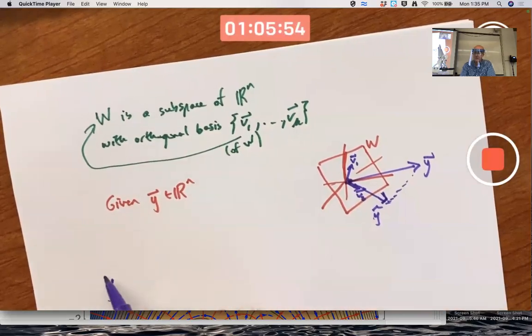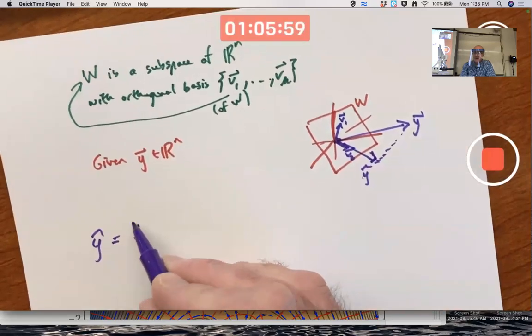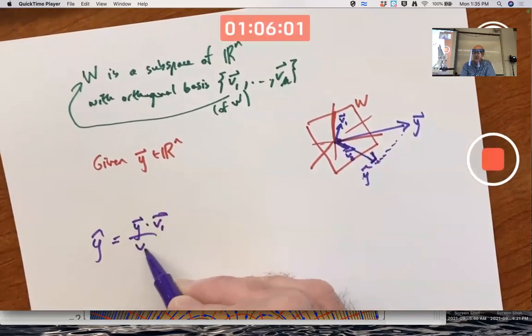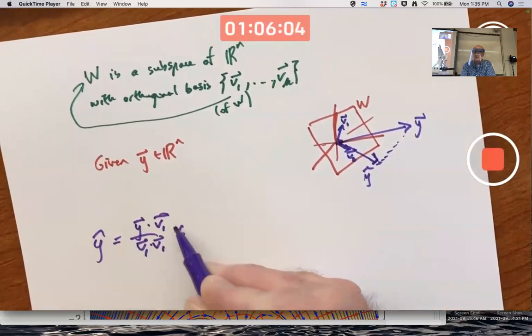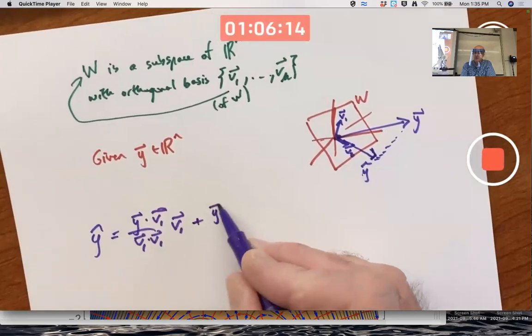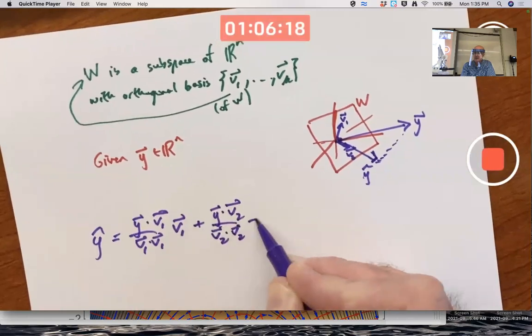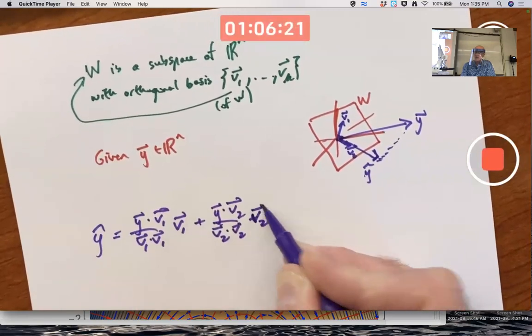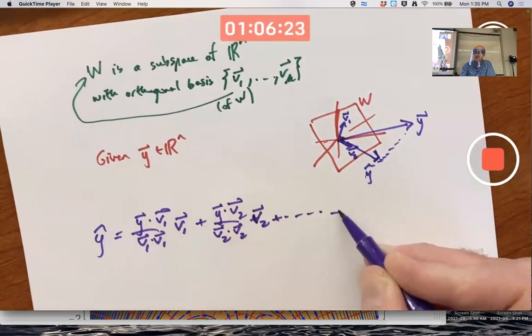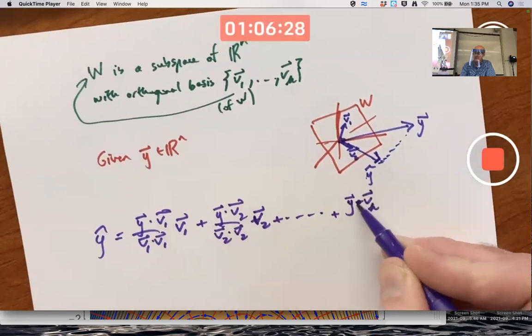And the general formula is Y hat is Y dot V1 over V1 dot V1 times V1, which is the projection of Y along the line through V1, plus the projection of Y along the line through V2, plus, etc. The last one would be the projection of Y along the line through VK.